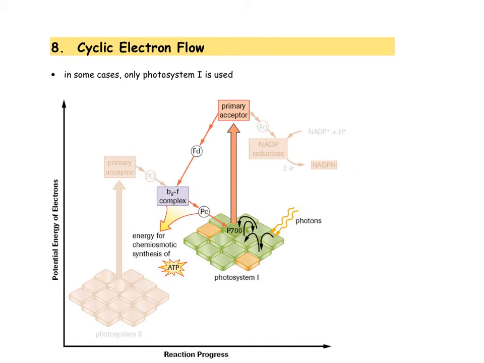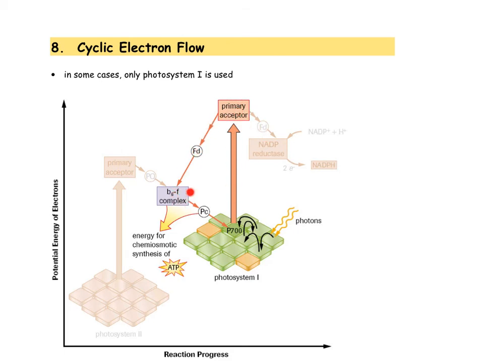Well, in cyclic electron flow, when P700 gets photoexcited and promotes electrons, instead of being transferred from ferredoxin to NADP reductase and being part of that NADPH molecule, they instead go from ferredoxin, instead of going to the right, they go to the left.